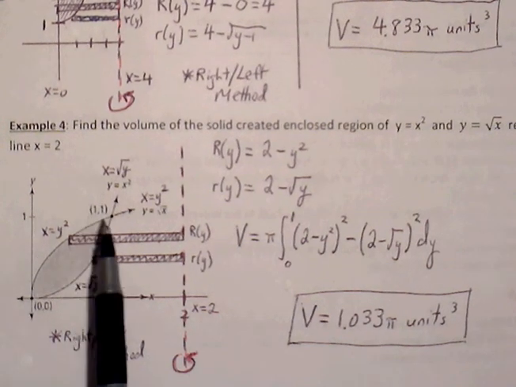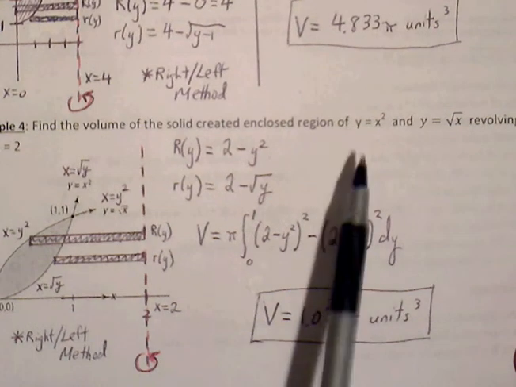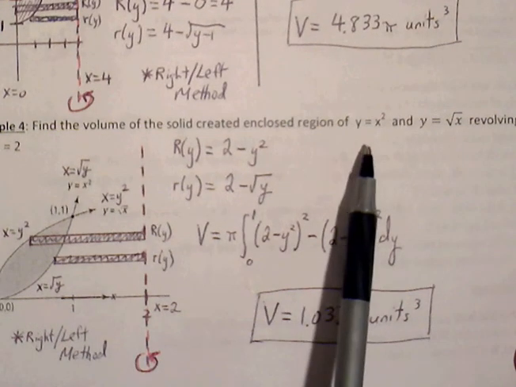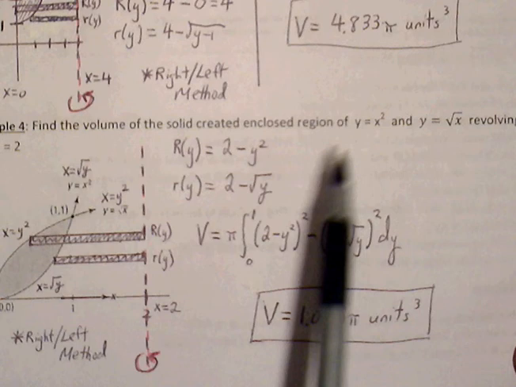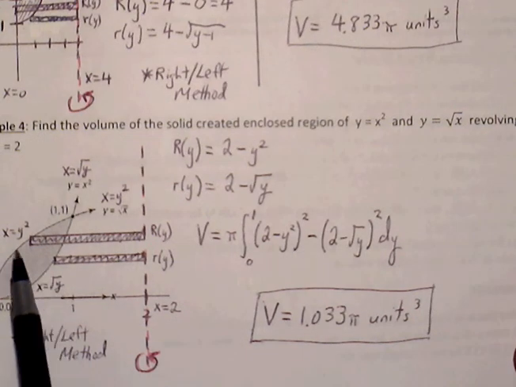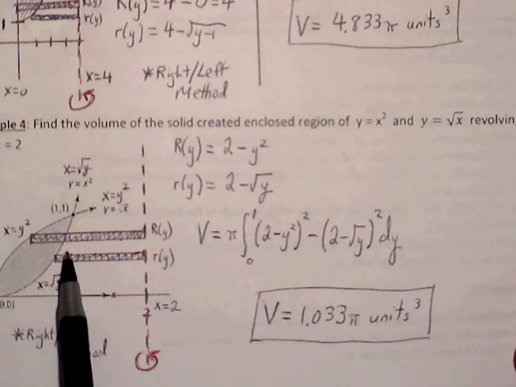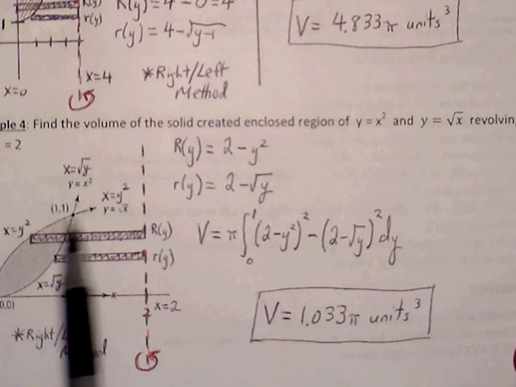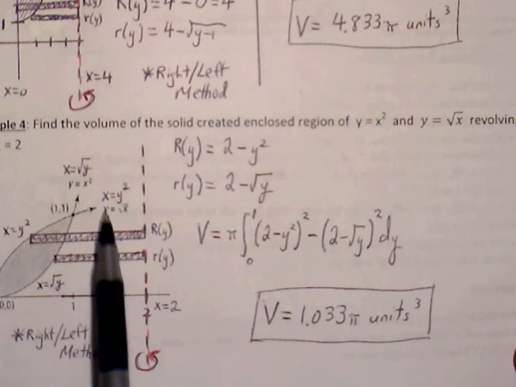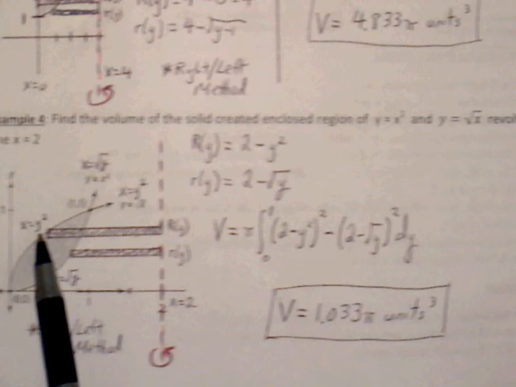However, we also need to adjust our equation because we're doing right minus left, so we have to rewrite our equation in terms of x equals. So x equals root y will represent the inner curve. X equals y squared, which is coming from y equals square root of x, will represent the outer curve.